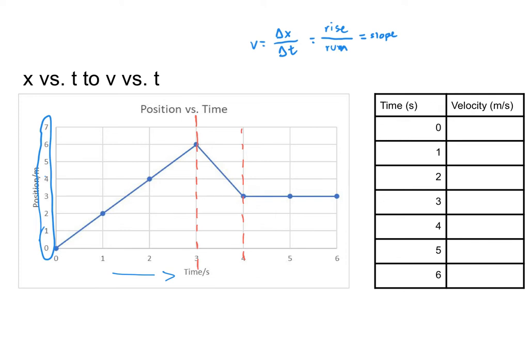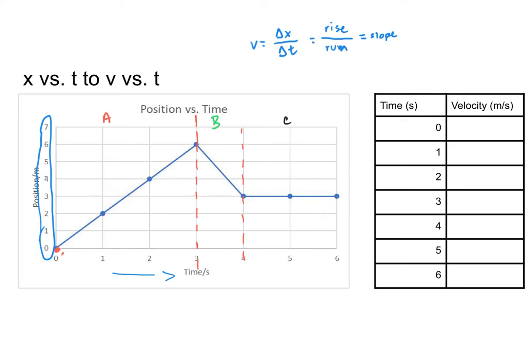I'm going to call these A, which I'm going to make red, B, which I'll do in green, and C, which I'll do in black.